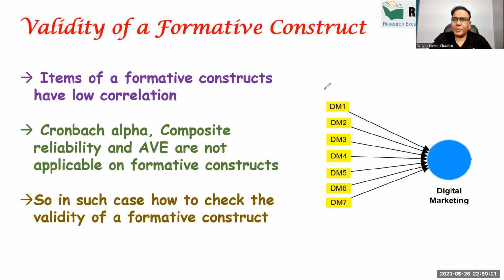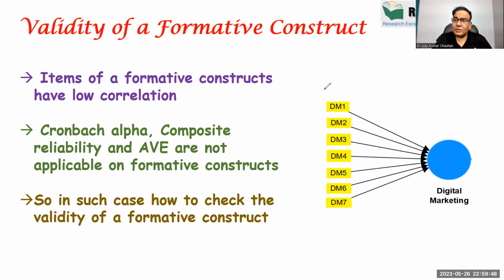And because of this property, you cannot apply the Cronbach alpha, composite reliability, or the average variance extracted. Because all the three measures, Cronbach alpha, composite reliability, AVE, depend upon the correlation between the items.